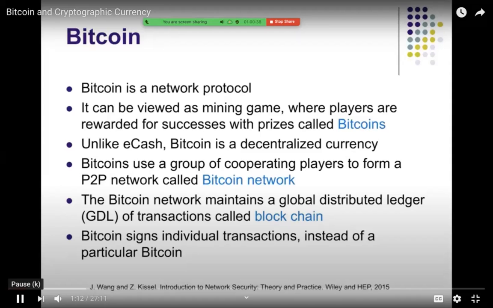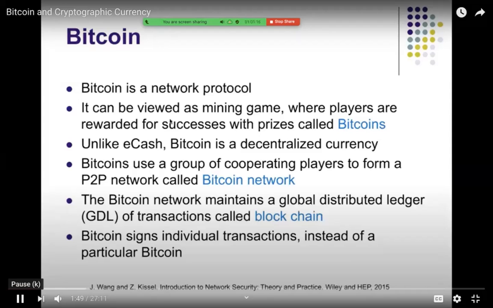Some people call it digital currency. Some other people call it cryptographic currency. And here we use Bitcoin to look at this issue. Since Bitcoin, there are other digital currencies available, but they are more or less based on the same technique of something called blockchain.